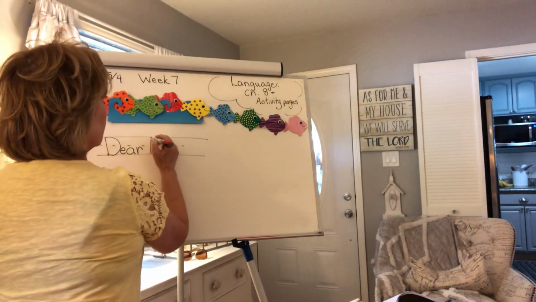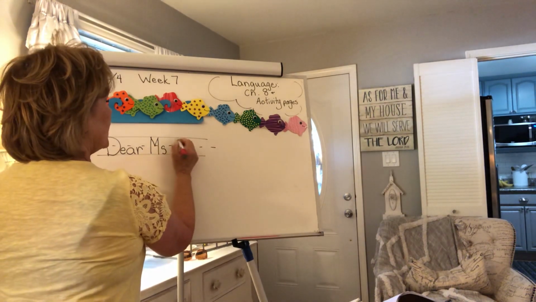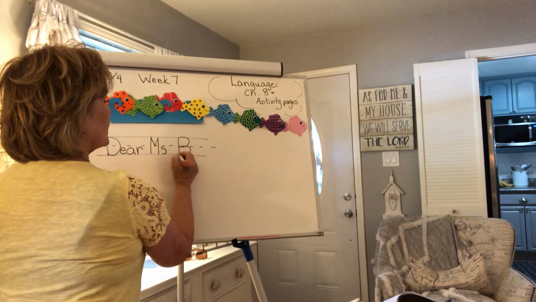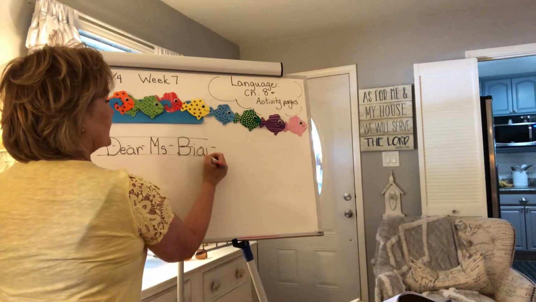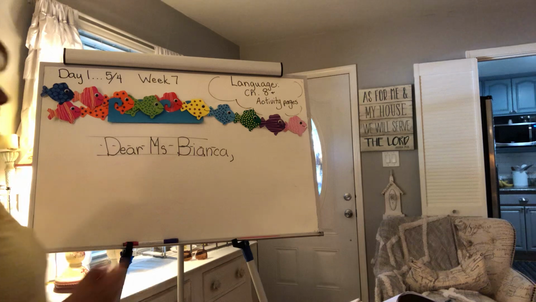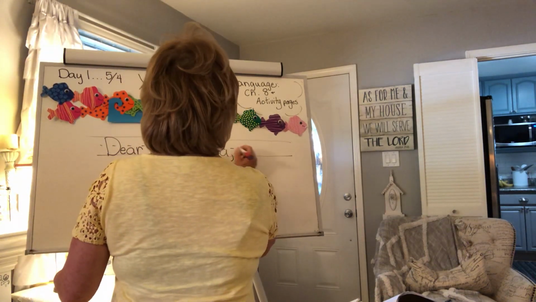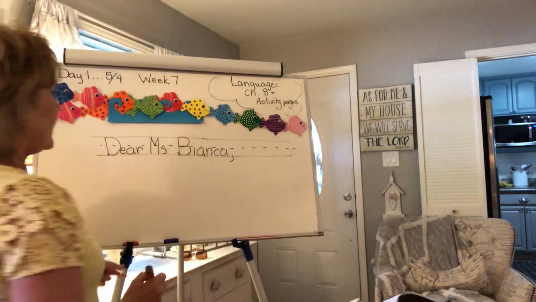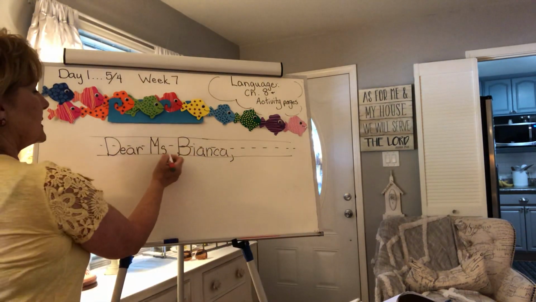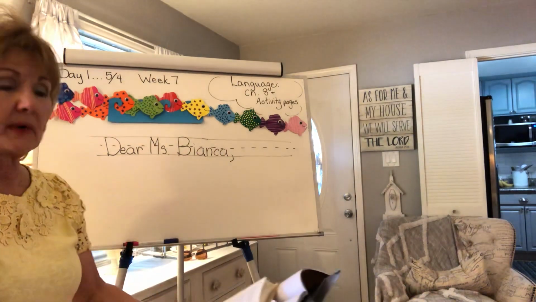Say, dear Ms. and then her last name, or if you call her by, which you probably don't, but that's all I know, dear Ms. Bianca. So if you know her last name, go ahead. Okay, and then you put a comma after the last name, or if you're copying what I have.